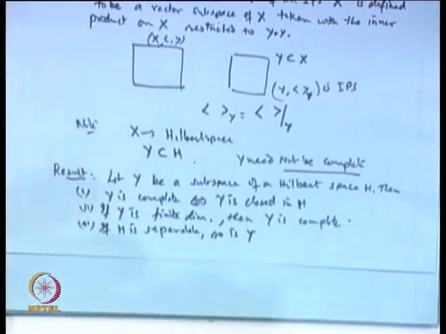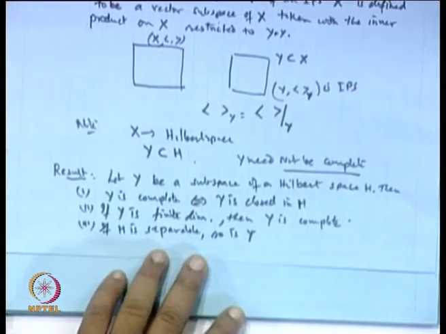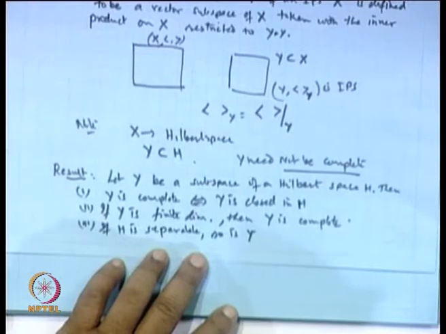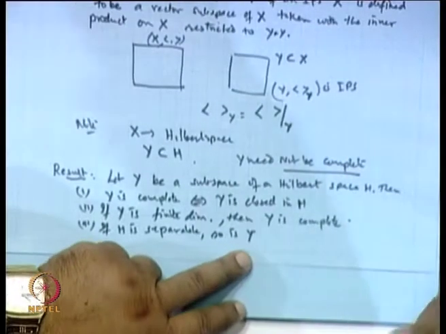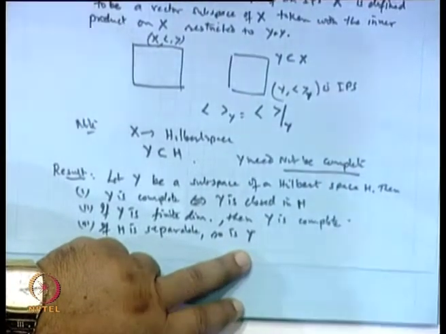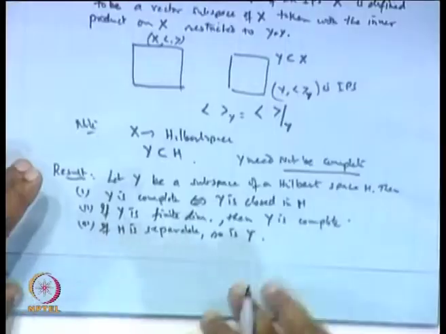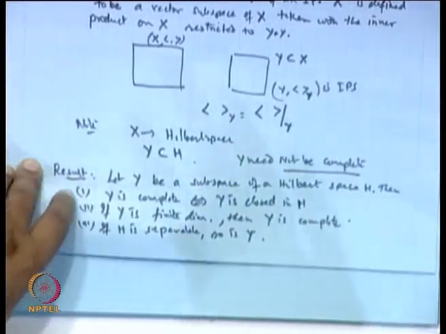Separable means a vector space is said to be separable if it has a countable subset which is dense in it. So, if H is given to be separable, it has a countable subset which is dense in it. Y is a part of H. So, we can prove that either Y is the same set, or if it is not, then we can identify the set which is dense and also countable. That we did in norm space, is it not? So, the same result we continue here. So, these results follow without any problem.